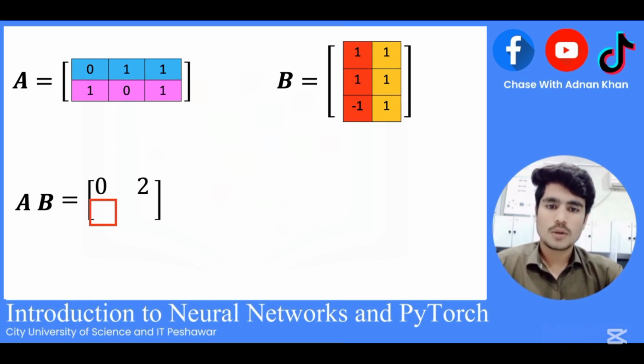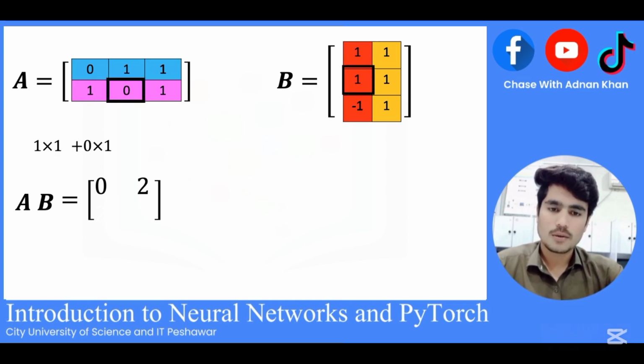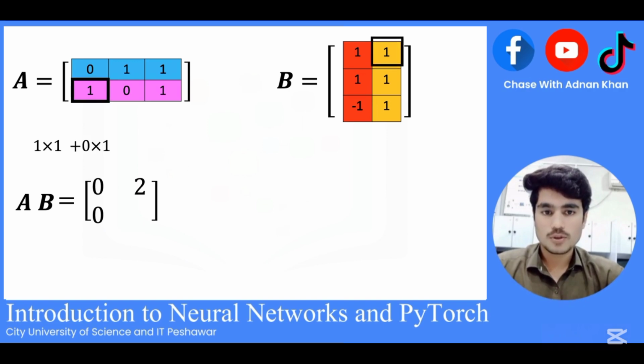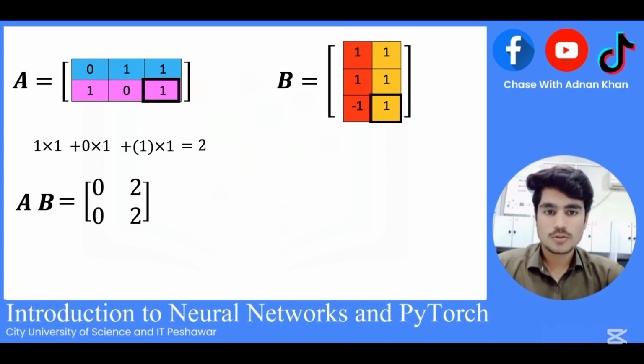For the second row and the first column of the new matrix, we take the dot product of the second row of the matrix A with the first column of matrix B. The result is 0. Finally, for the second row and the second column of the new matrix, we take the dot product of the second row of the matrix A with the second column of matrix B.